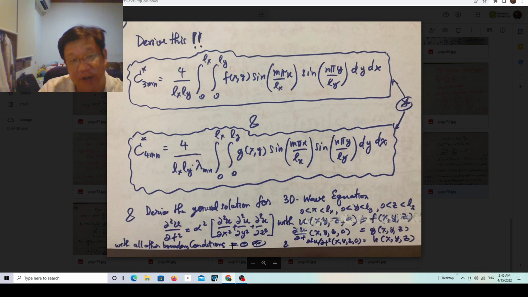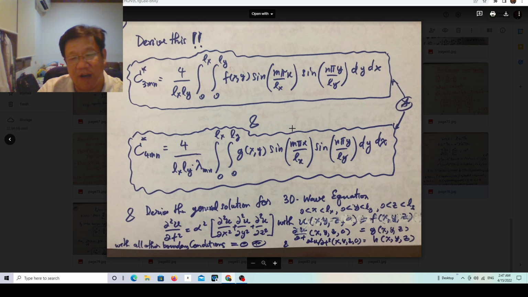The remaining boundary conditions you can set up in two ways: either Dirichlet condition or Neumann condition. The difference between Neumann and Dirichlet condition is that the resulting term for Dirichlet is always a sine term, and for Neumann is a cos term. It ends up having the general form of the coefficient.